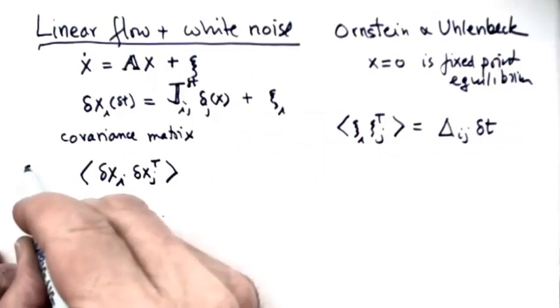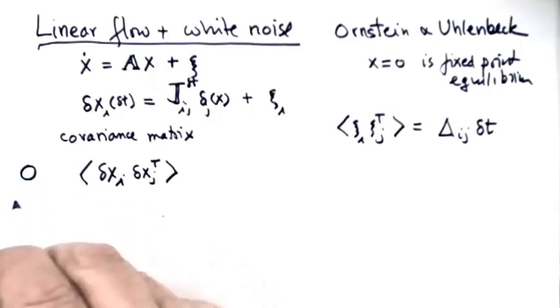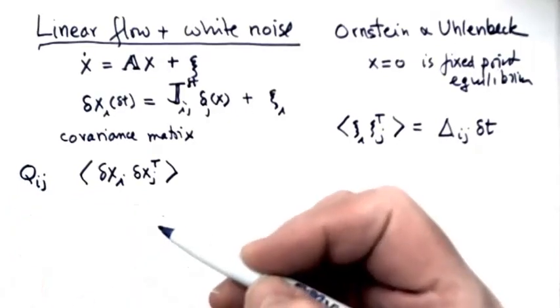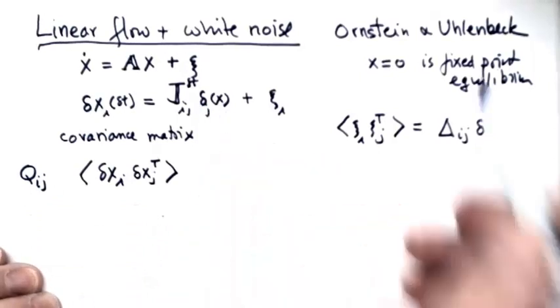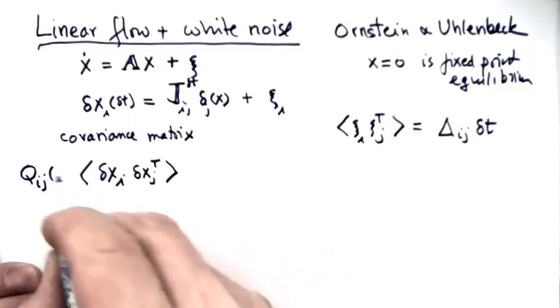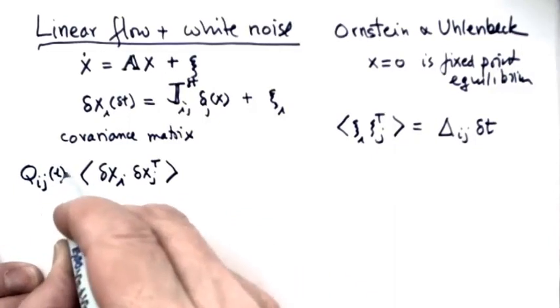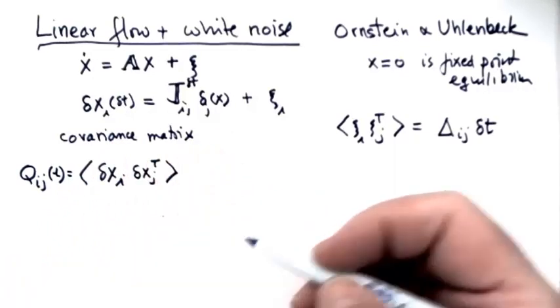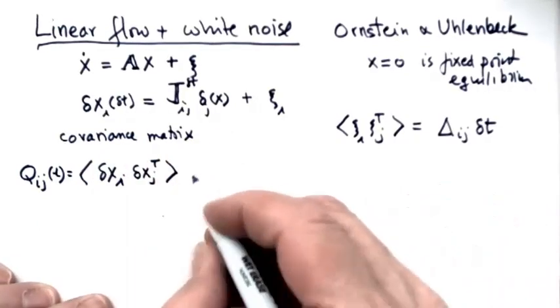So this we define to be a covariance matrix of the distribution of deviations from the fixed point. And that depends on time, because these guys depend on time. So we can do this simple calculation.